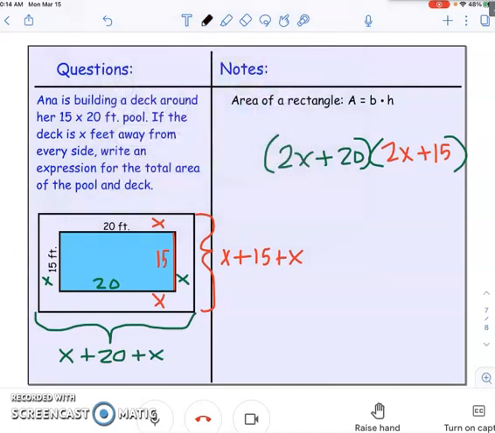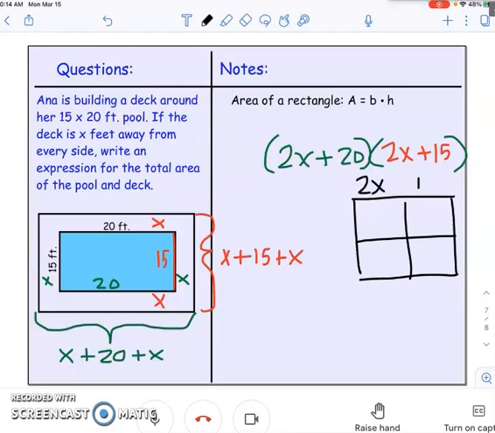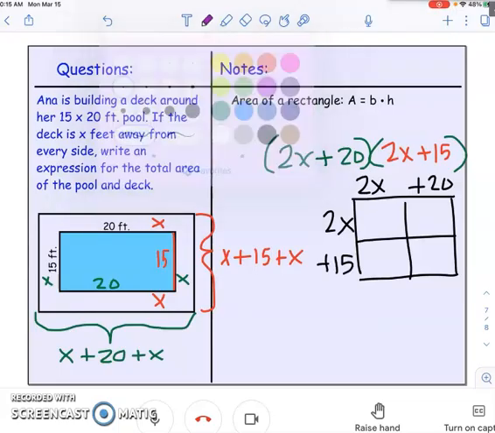So now we can solve this, and you can do the box or you can do FOIL. I'll do the box in case you like the box method better. So we have 2X plus 20 and 2X plus 15. So 2X times 2X is 4X squared.